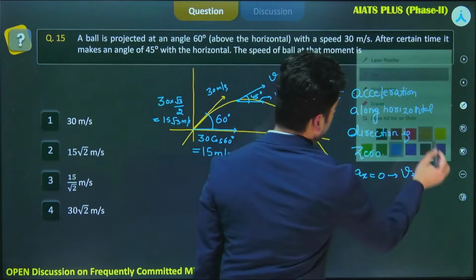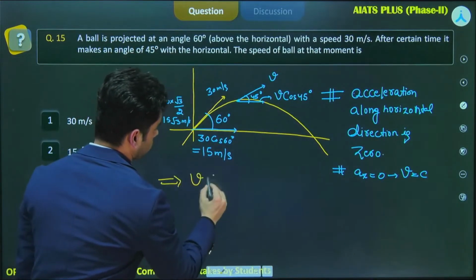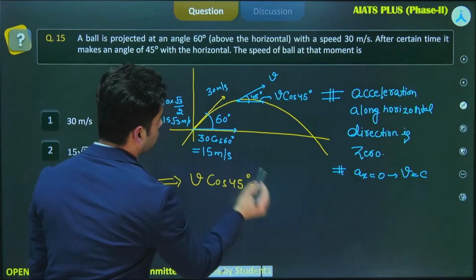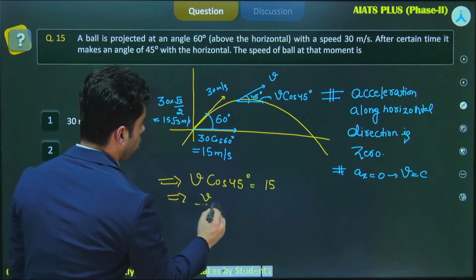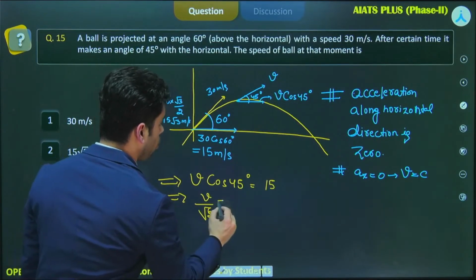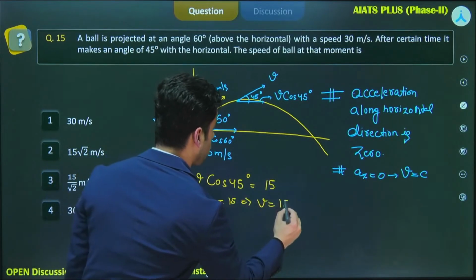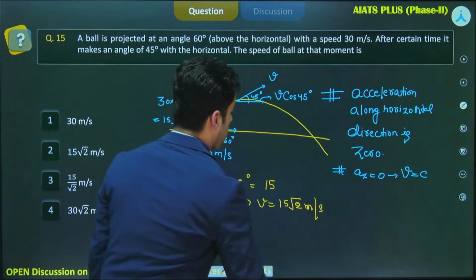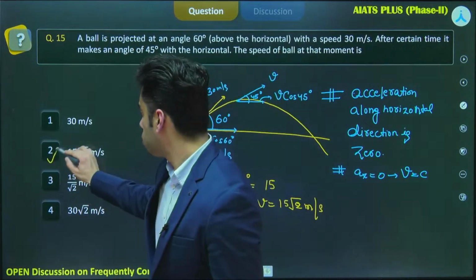Now V cos 45 degree, as the acceleration is 0, should be equal to 30 cos 60, that is 15. So I can write that V by root 2 should be equal to 15. So V should be equal to 15 root 2 meter per second.